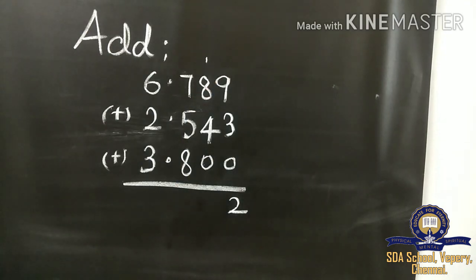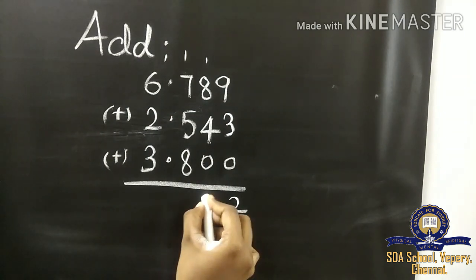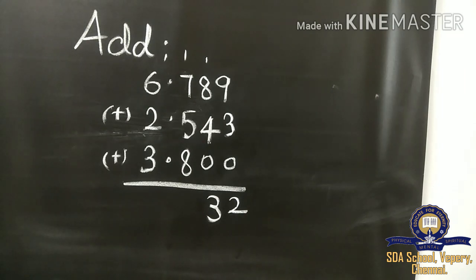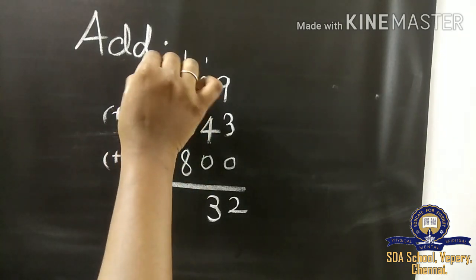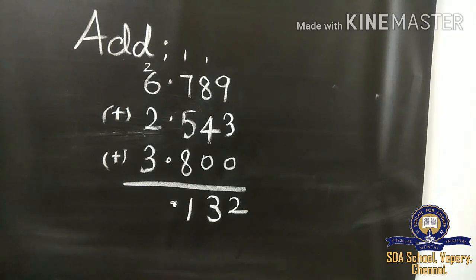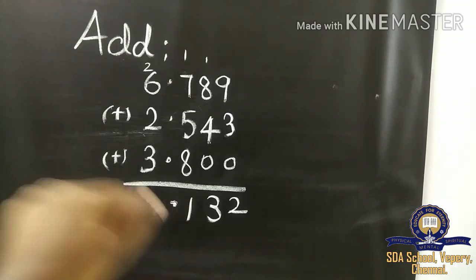If you add 8 plus 1 plus 4, the answer will be 13. If you add 7 plus 5 plus 8 plus 1, the answer will be 21, carrying 2, 1. Here you should put a point.